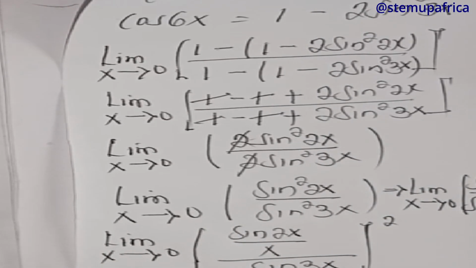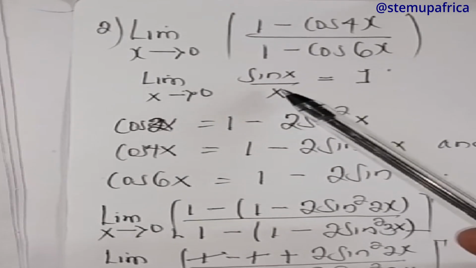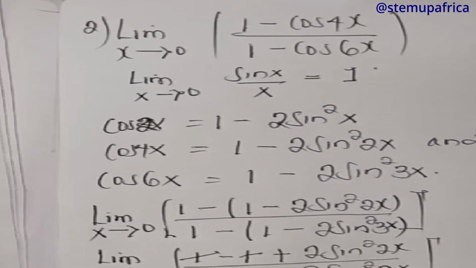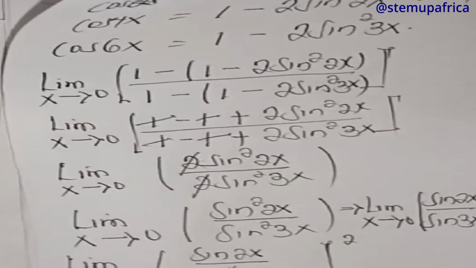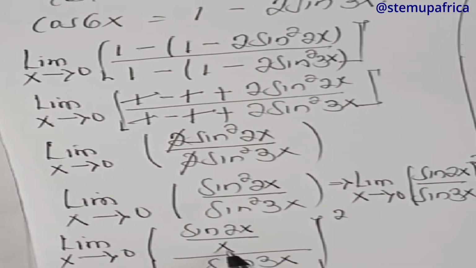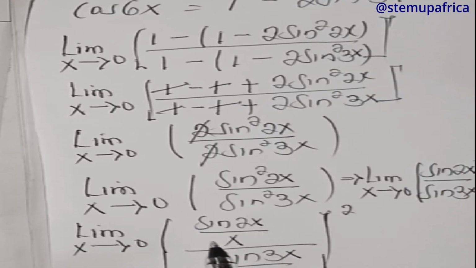So remember what we said earlier, what you have after the sine should also be present in the denominator. That's the only condition we could have 1 as our answer. But if you look here, we're having 2x, but here is simply just 2. So how do we make here 2x? That means I will multiply both the numerator and denominator by 2.